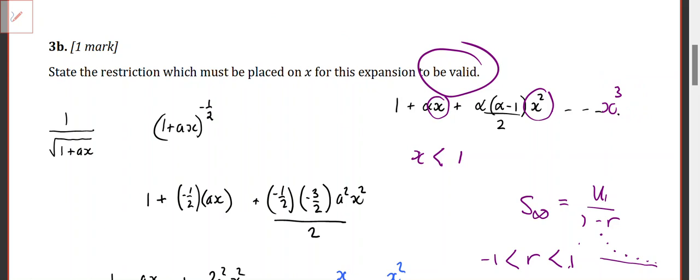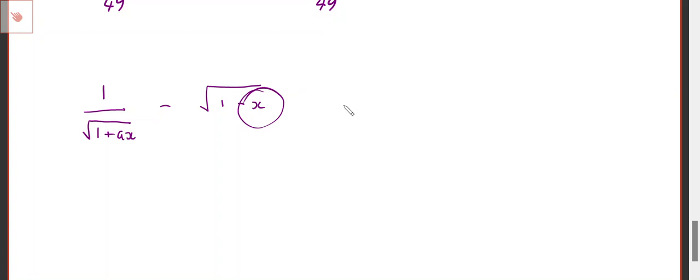Therefore, x must be between 1 and negative 1. Now, there is a slight addition to this because we've got 1 over root of (1 plus ax) minus the root of (1 minus x). Now, this one is just x must be between 1 and negative 1.